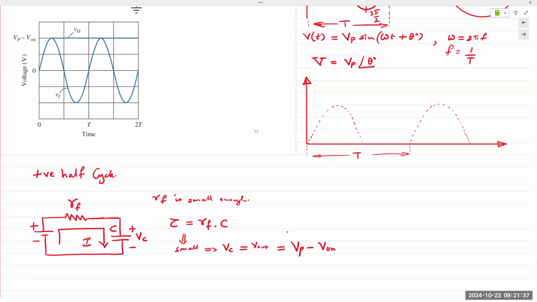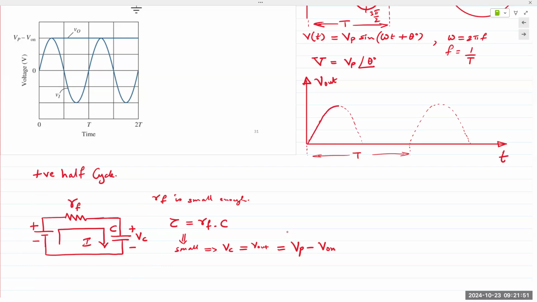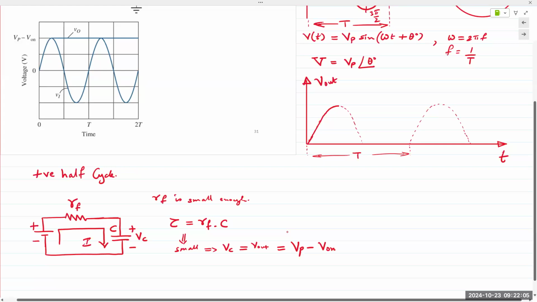And if you look at our waveform, this is T, this is V out or VDC. We are assuming that the time constant is small enough that the capacitor reaches full charge. But at the same time, during the discharge portion, we want the time constant to be large enough that it doesn't discharge very quickly.